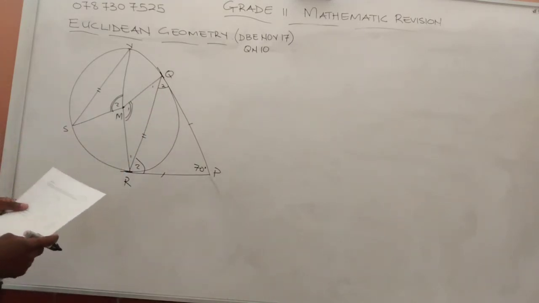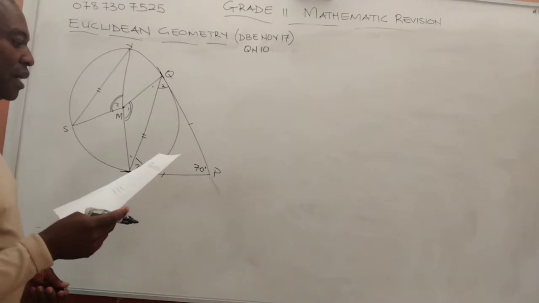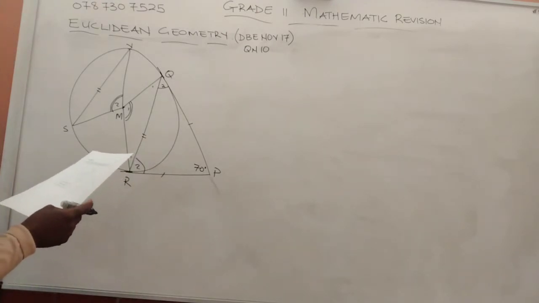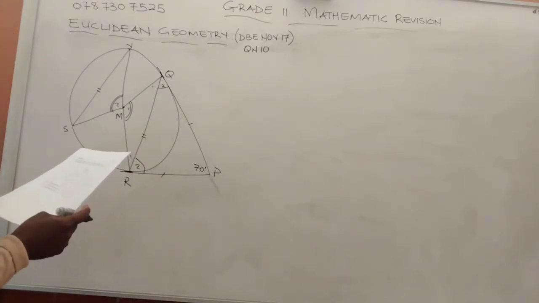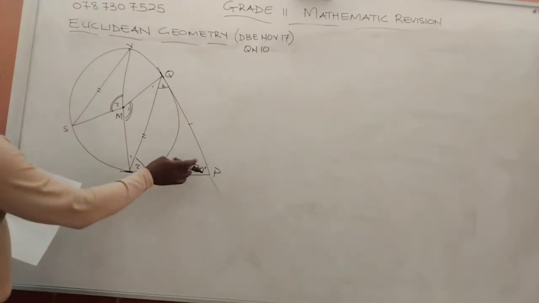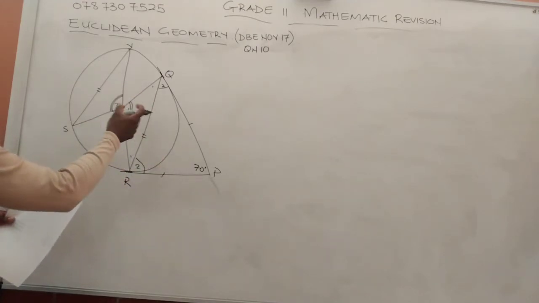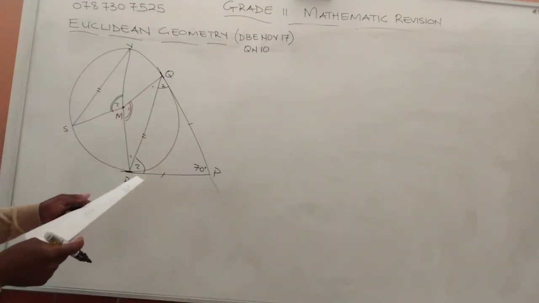Alright, so take note of that. And then they've also given us that the angle RPQ is 70 degrees. That means we can work from that angle going inside the circle.